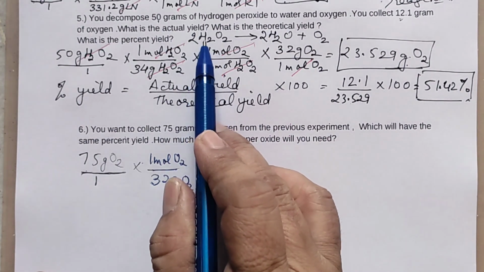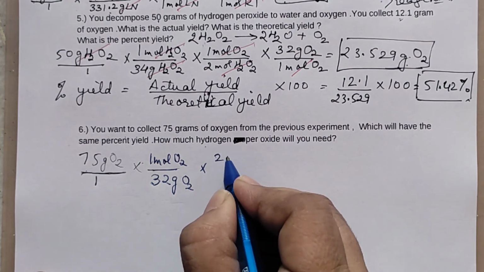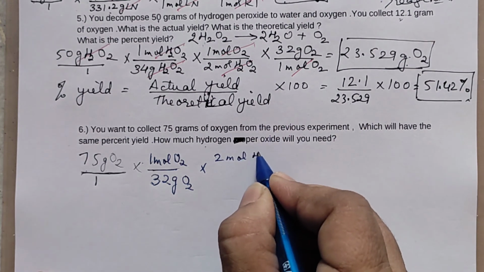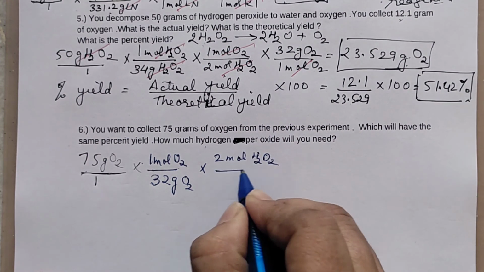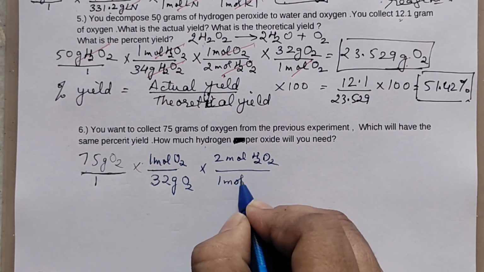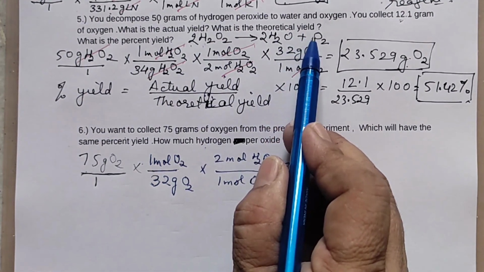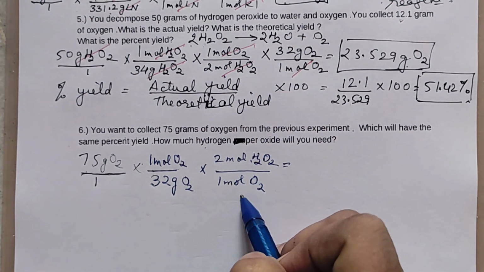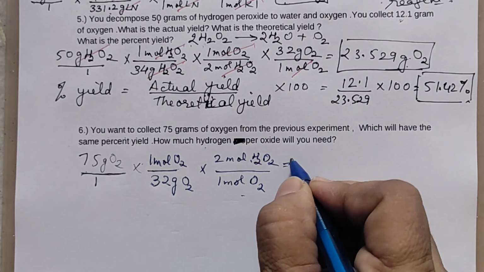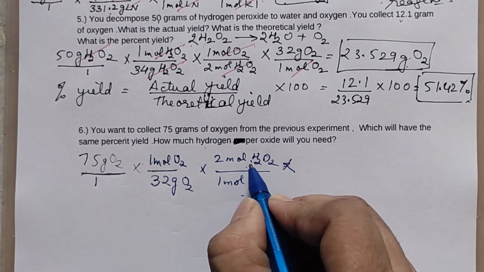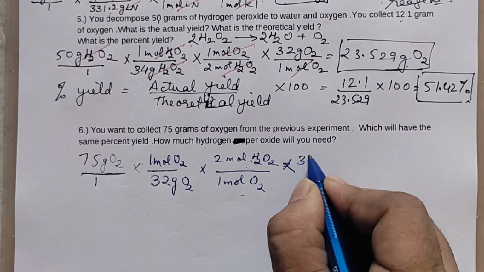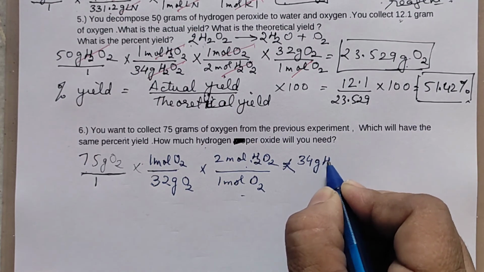So what we are calculating will be in the numerator, 2 moles of hydrogen peroxide divided by 1 mole of oxygen. Right? So just check the coefficients 2 and 1. Whatever you are calculating in the numerator, the other one in the denominator. Now we have to convert these moles of H2O2 into mass. That is 34 molar mass of hydrogen peroxide.